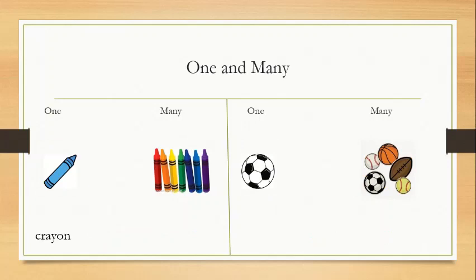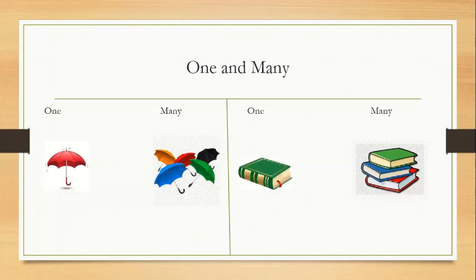One crayon, add letter S at the end, many crayons. One ball, many balls. One umbrella, again add letter S at the end to get many umbrellas.